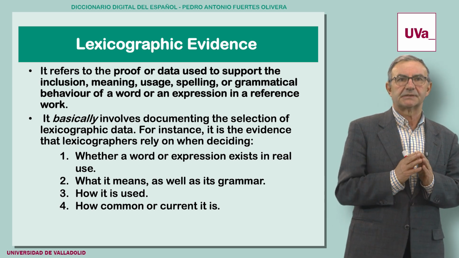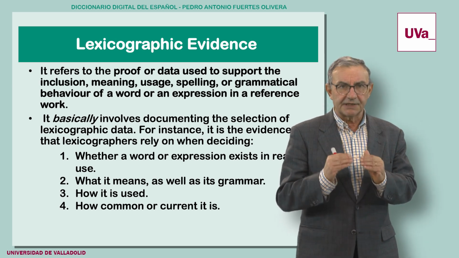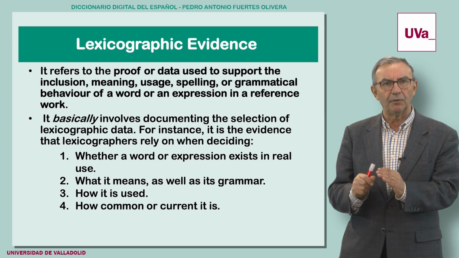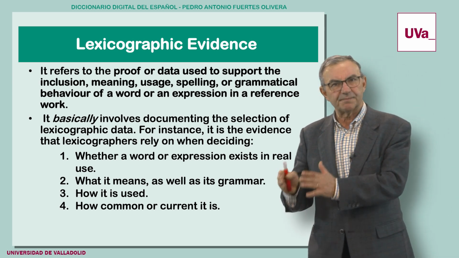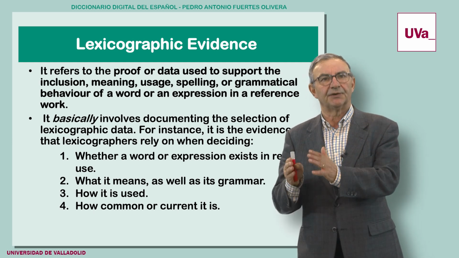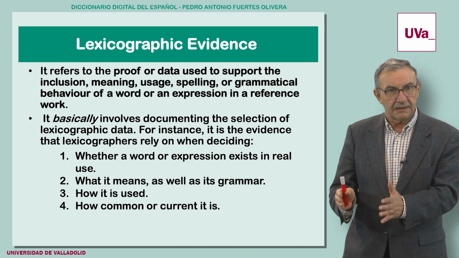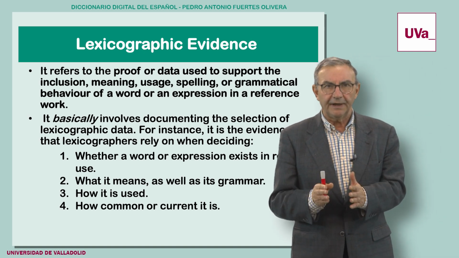For instance, it is the evidence that lexicographers rely on when deciding, for example, 1. Whether a word or expression exists in real use. 2. What it means, as well as its grammar. 3.